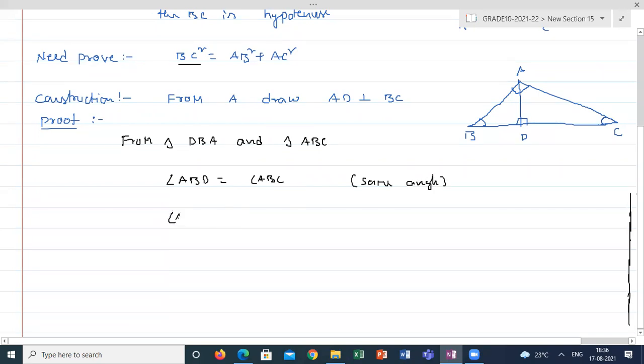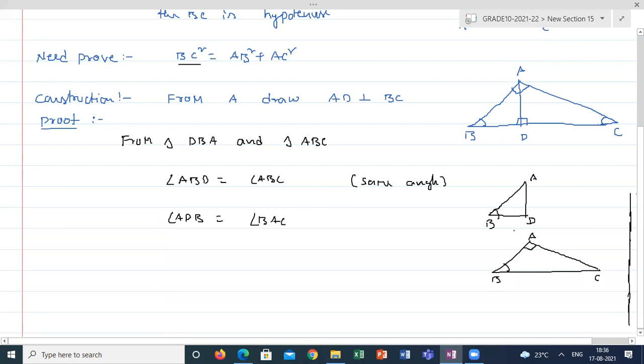Angle ADB is equal to angle BAC. I have to take two triangles like this. This is one triangle ADB, and this is another triangle. The same proof you did for the ninth theorem.